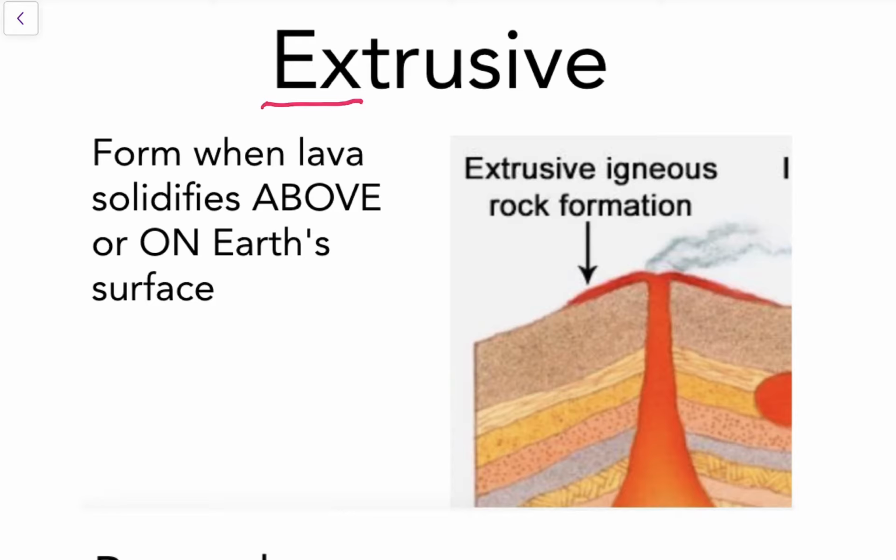It has come out of a divergent boundary. The lava is on the surface of the Earth, and that's when it solidifies and forms a new rock. Look in the picture here, we can see we have our lava on the outside of the Earth's surface. Extrusive rocks form outside of the Earth, on Earth's surface.